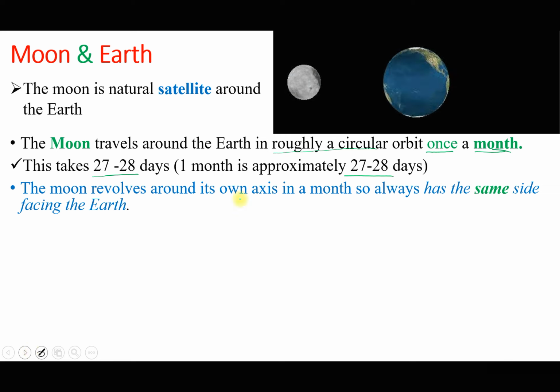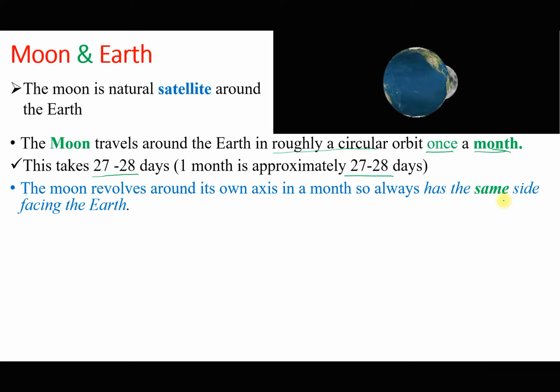The moon revolves around its own axis in a month, so it always has the same side facing the earth. So the same side of the moon is always facing the earth because it moves around its own axis in 1 month.